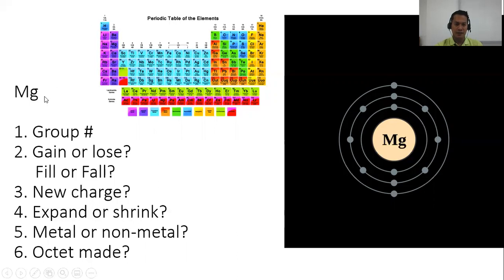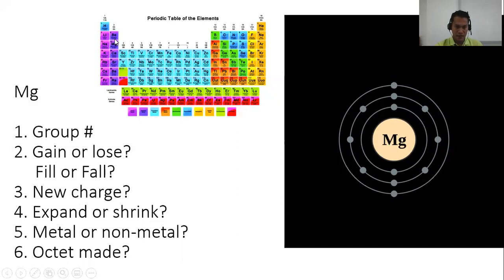Take a look at this. Magnesium. I have here group number, gain or lose, fill or fall, new charge, expand or shrink. When I say expand, it will become bigger; shrink, it will become smaller. Is this a metal or non-metal? And will this element make an octet or not? Let's find out. For these exercises, we will use magnesium.